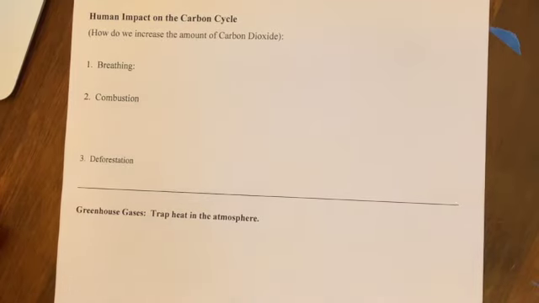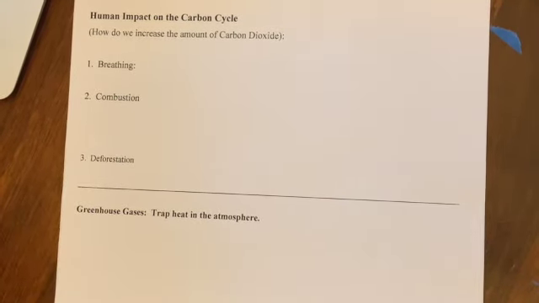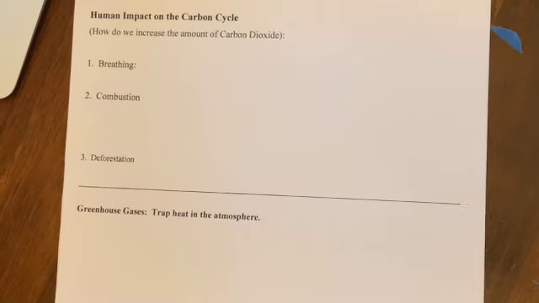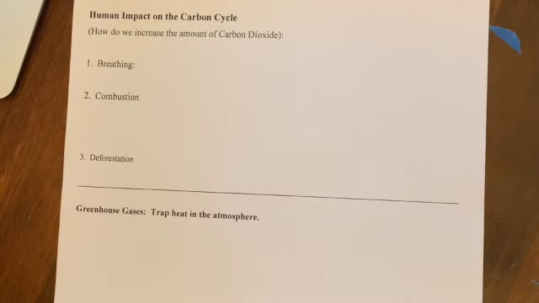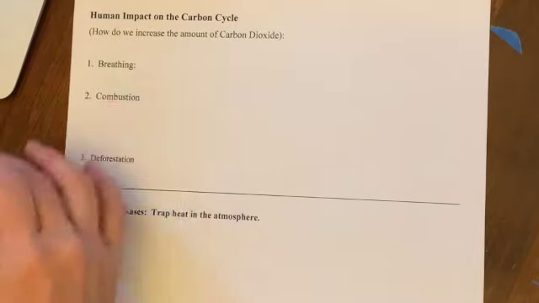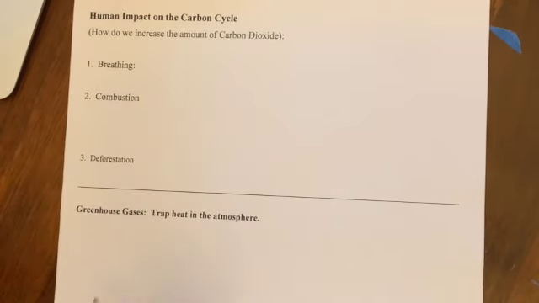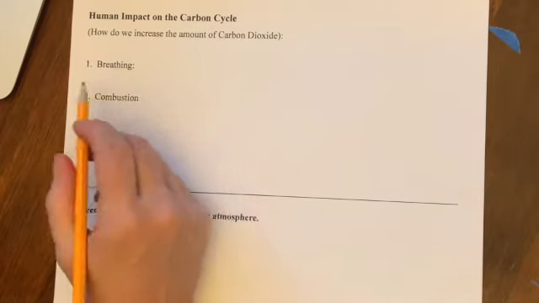All right, now that we have looked at the carbon cycle and we understand the important parts of it, what we want to think about is how humans have impacted this carbon cycle, particularly over the last several hundred years. There are 3 general areas to think about, and I'm sure you could come up with these on your own. Breathing.